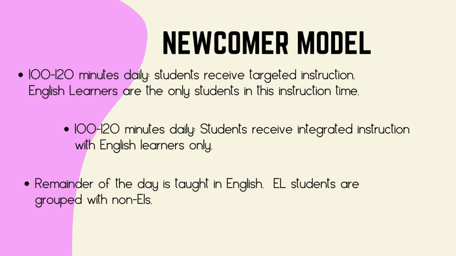Students will receive 100 to 120 minutes of integrated instruction. In the newcomer model, it is only made up of the English language learners. The rest of the academic day, the students spend in classes taught in English. These classes are with English learners and non-English learners.